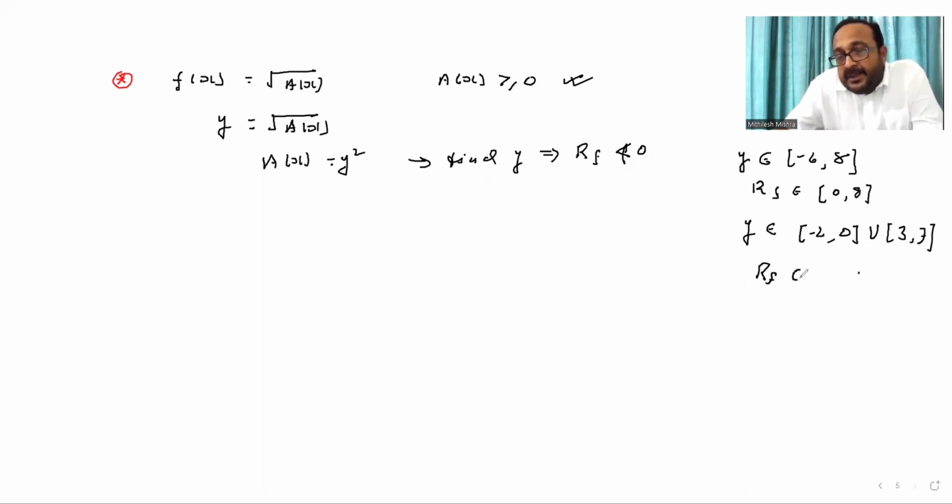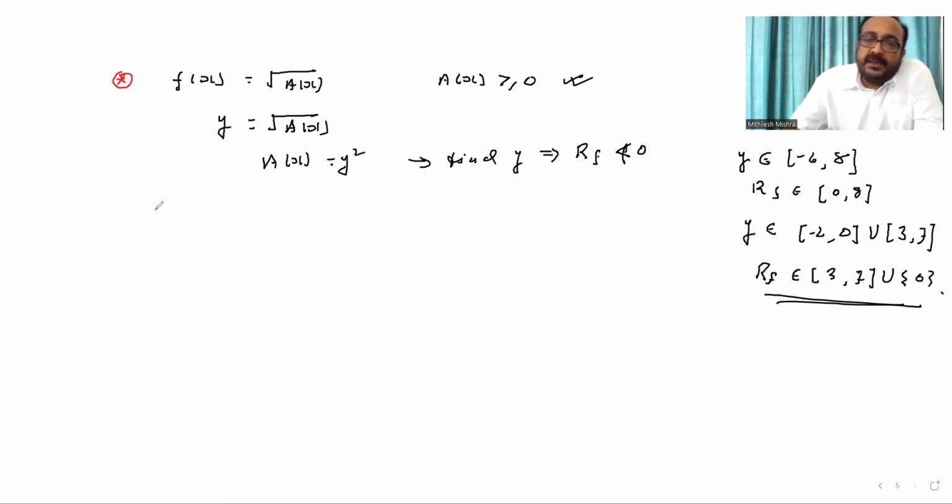Its range will be 3 to 7 union 0, because 0 is in the closed interval. Right? See one example. Suppose f(x) is given as the square root of x square minus 5x minus 6.